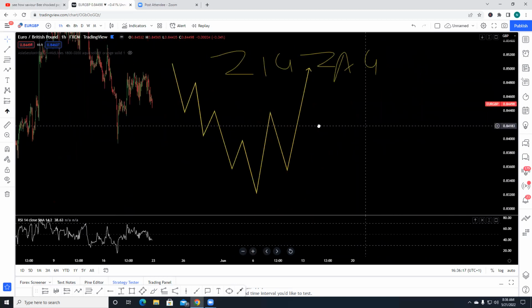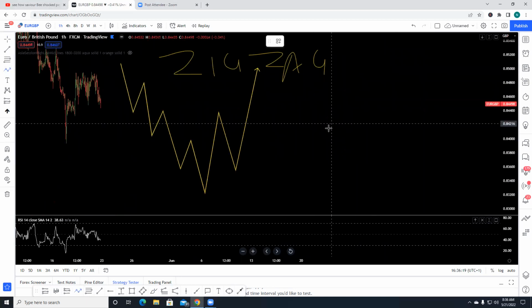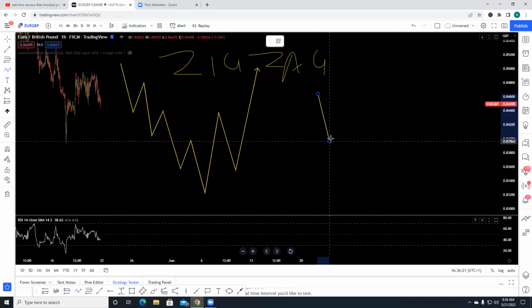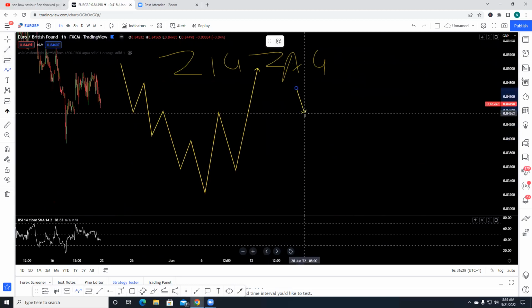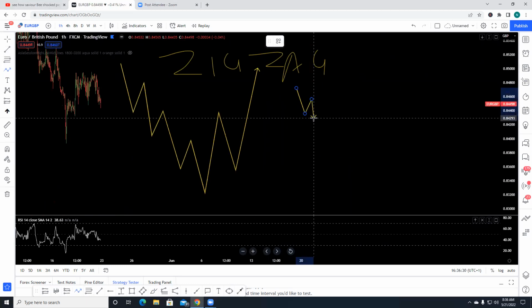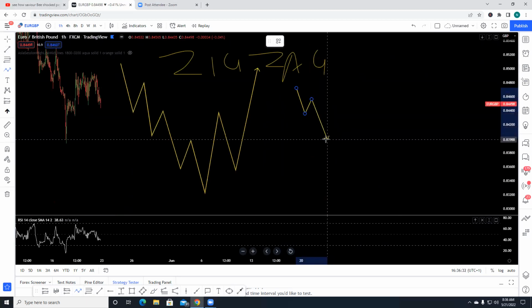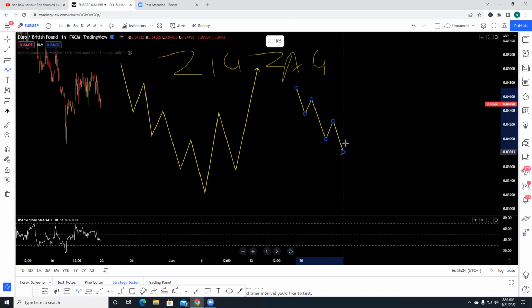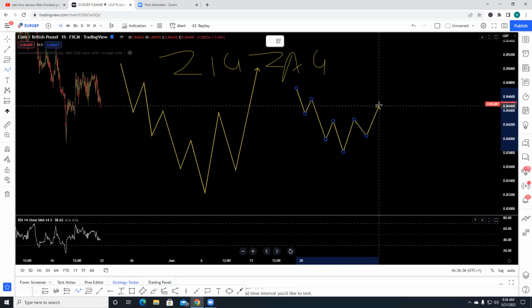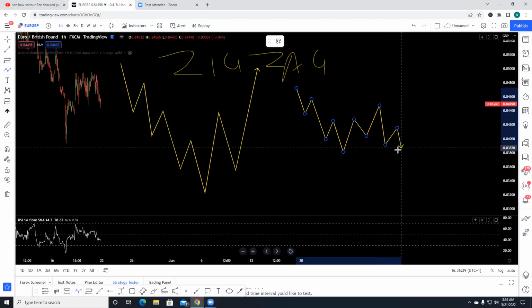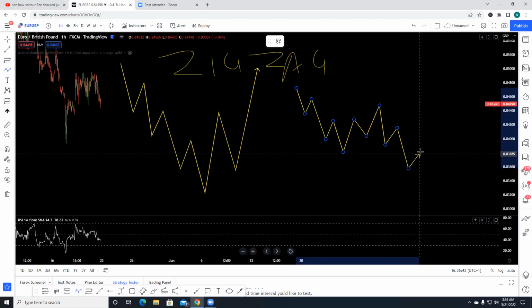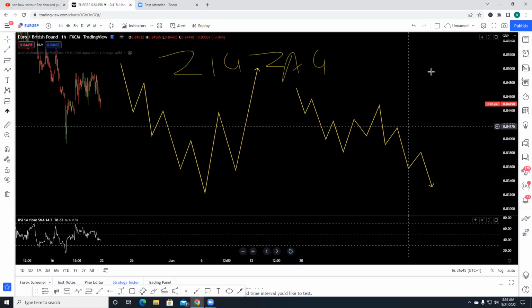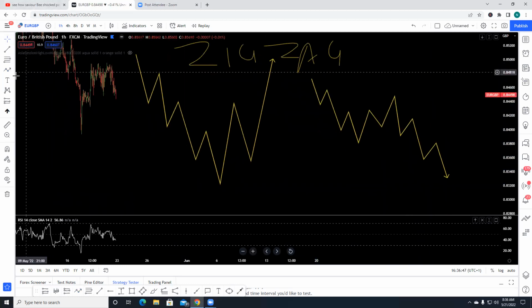So this zigzag, how does it look? This is the structure of a zigzag. Let me do it this way. 1, 2, 3, 4, 5. Correction, 1, 2, and 3. Then 1, 2, 3, 4, 5. Okay, this is the structure of a zigzag.